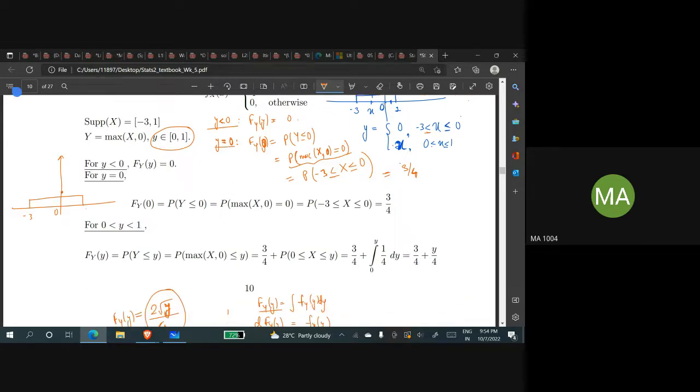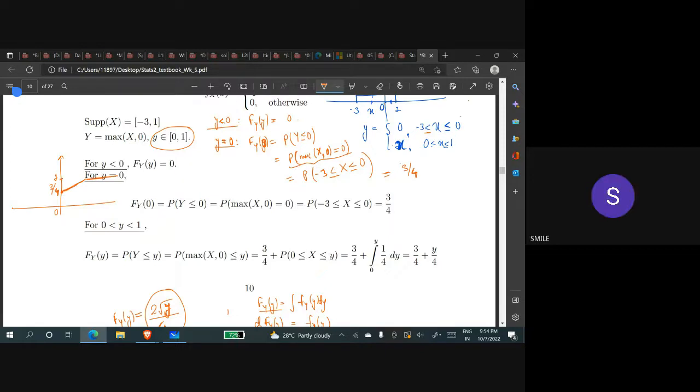Let's not write this. So this is 3 by 4. And then from 0 to 1, there is a straight line from 3 by 4 to 1. So for y lying between 0 to 1, you have something like this, and it goes like this.